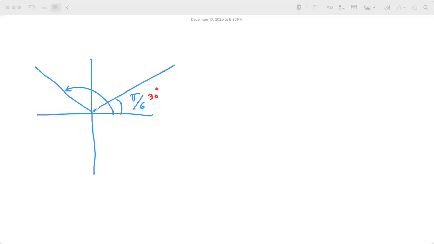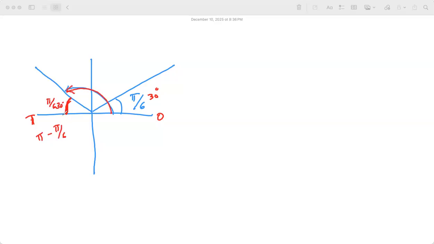You know that this is pi, this is 0. So how to find this angle quickly? You know this is 30 degrees, or pi by 6. So from pi, you can subtract pi by 6 and find out this big angle.